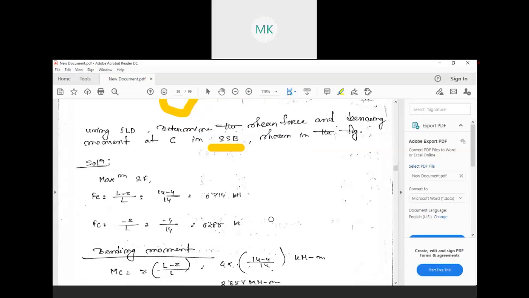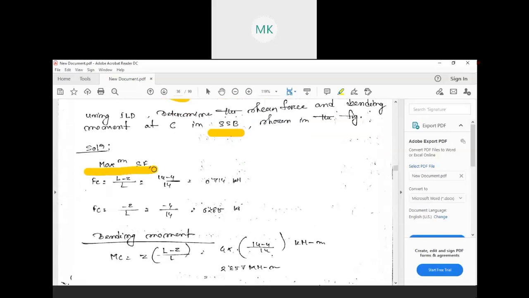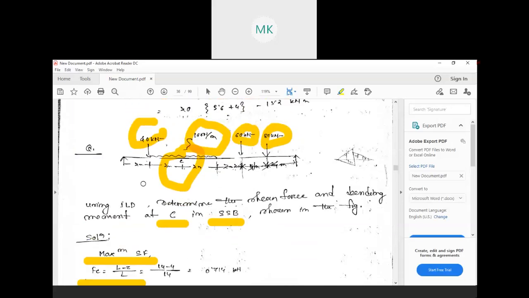What is our first step? First step is always the maximum shear force. All of you already know the formula for finding the maximum shear force at a point C. FC means the shear force at point C, and there are two formulas to find the shear force at that point: (L minus Z) by L, and minus Z by L. L is the total length: 2, 2, 2, 2, 2, and 4, 6, 8, 10, 12, 14.